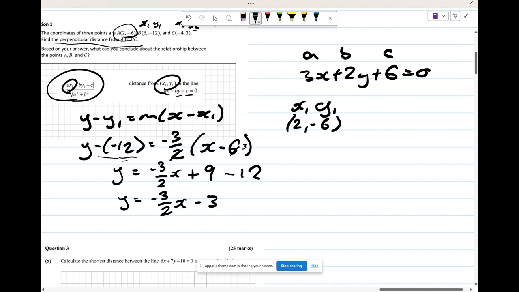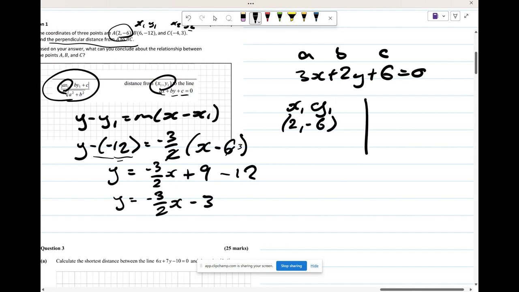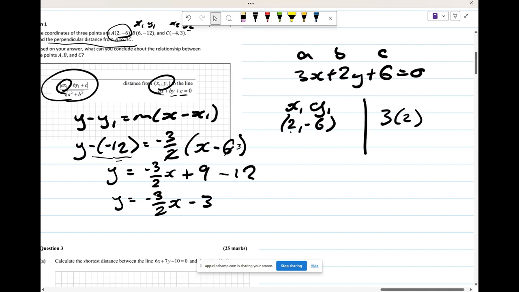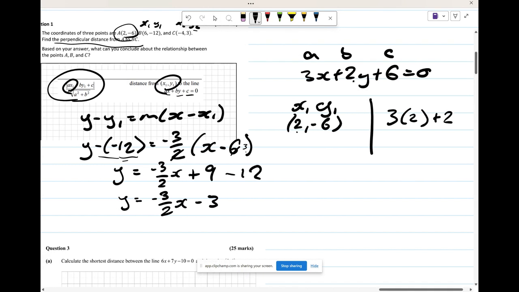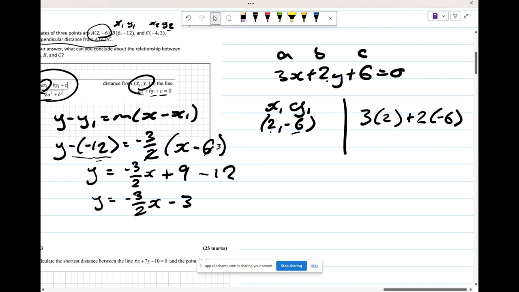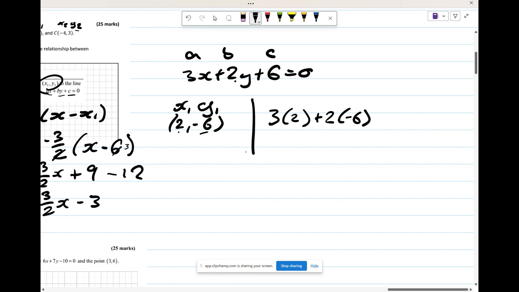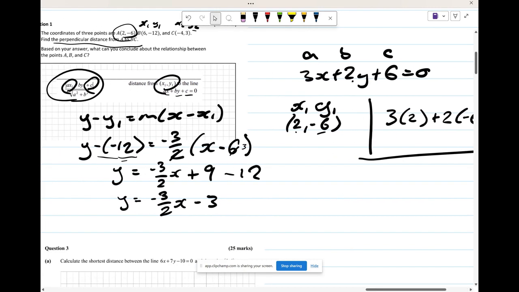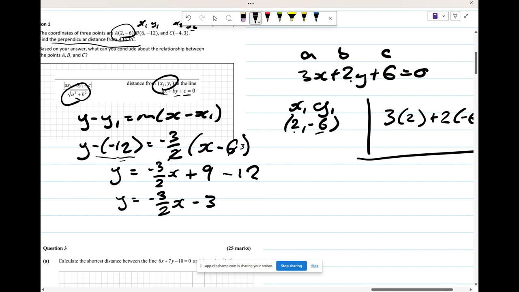So it's ax1, well, first of all, it's absolute value, and here a is going to be 3, x1 is going to be 2, so it's 3 times 2, plus by1, so b is going to be 2 times y1 is going to be minus 6, and then we're going to add c, and c here is 6. Then we're going to do the absolute value, and we're going to put this over the square root of a squared plus b squared, and a and b here are 3 and 2, so it's going to be the square root of 3 squared plus 2 squared.